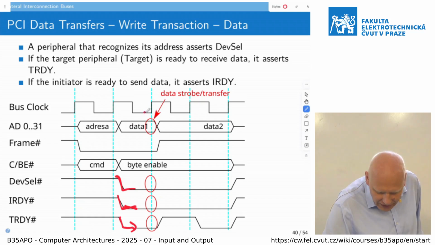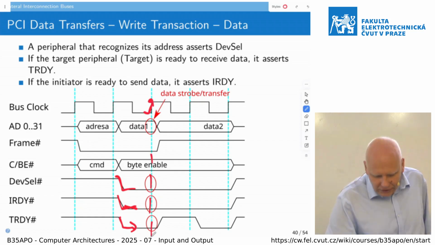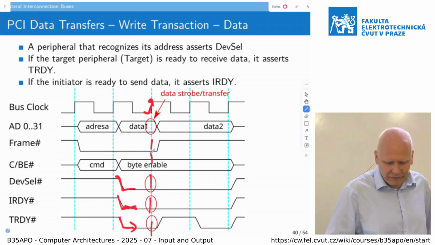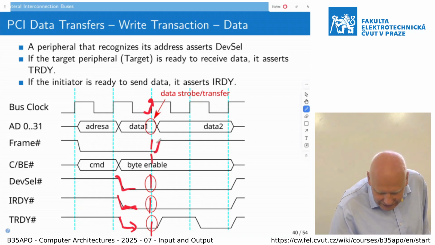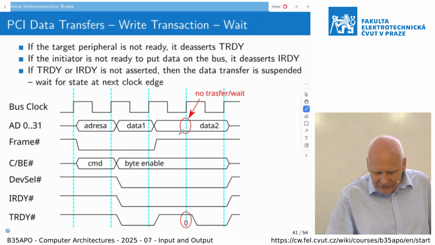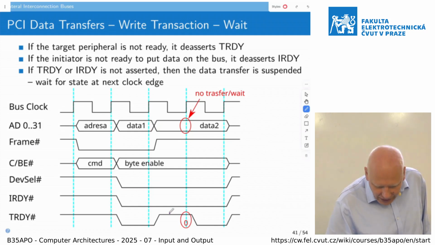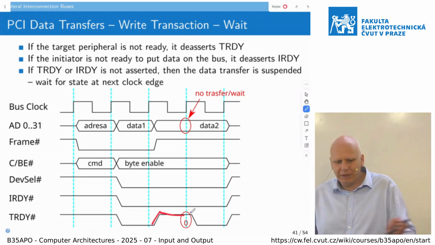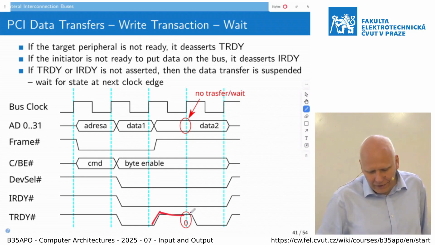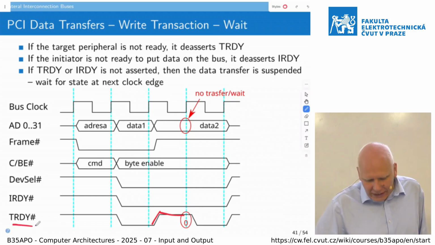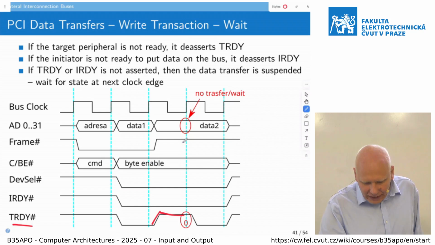Then on the next rising edge, where all those signals are strobed, the data are transferred and considered to be delivered to the device. Then, for example, we want to send the final data, but in this case, the target, the device, needs, for example, to process data, to store them to the display or to do something with those data. Then the peripheral, the target, informs, okay, I do not accept the data in this clock cycle.